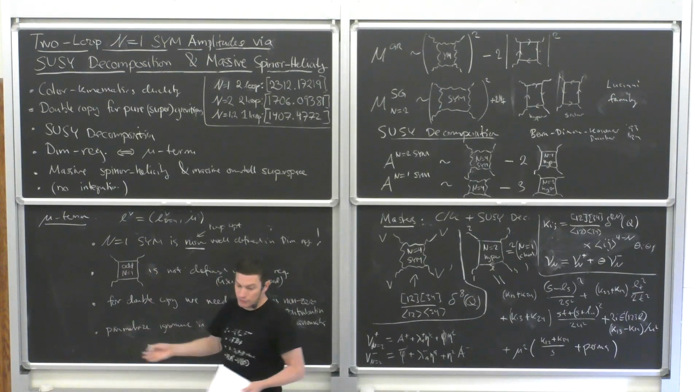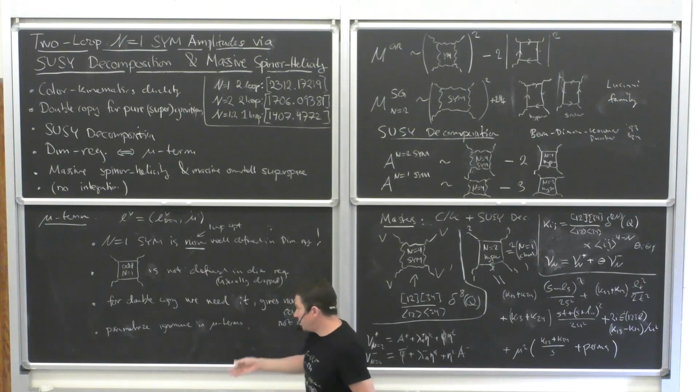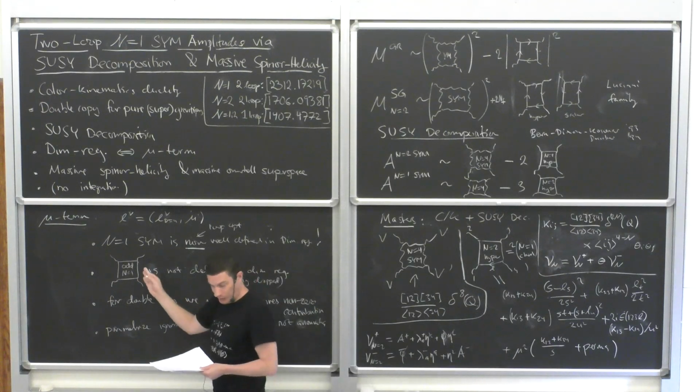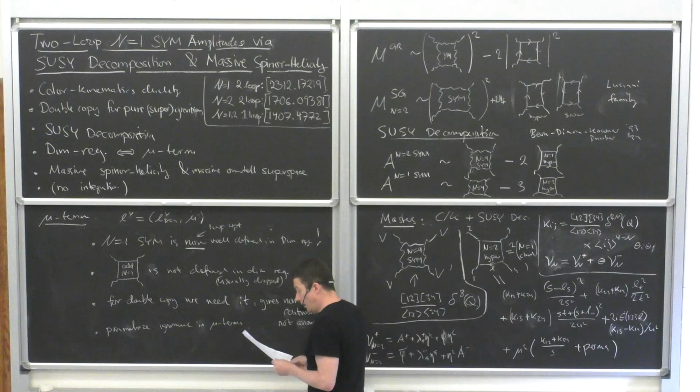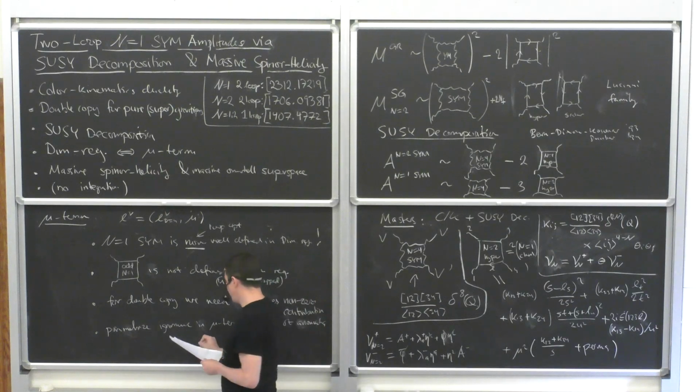You have no way to check what the correct answer is, but you write down anything you think is reasonable. Then it turns out that when you do the double copy, it will drop out.